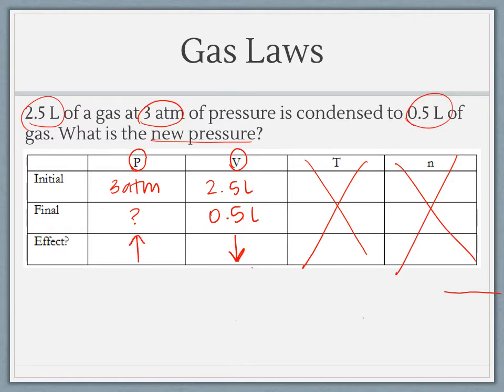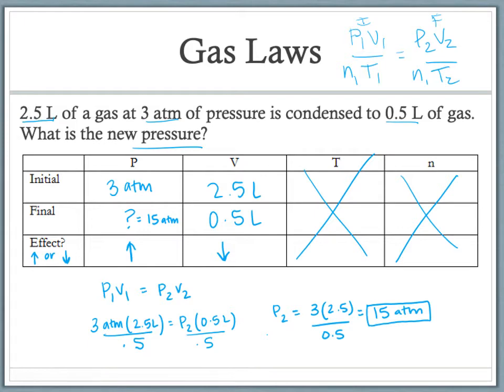Now I'm going to actually solve the problem by plugging it in to our formula, P1V1 equals P2V2. So when we plug that in, we have 3 atmospheres times 2.5 liters equals P2, the one that we did not know, times 0.5, which is the new volume.